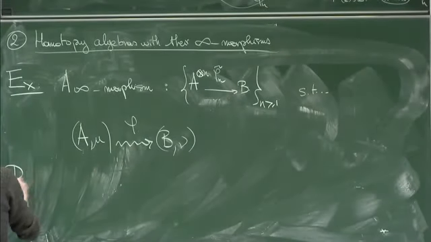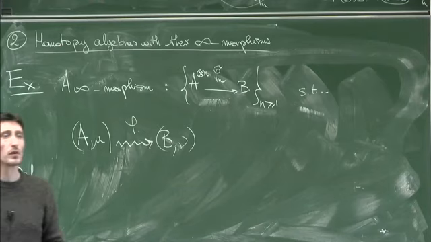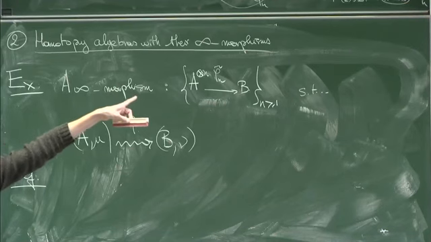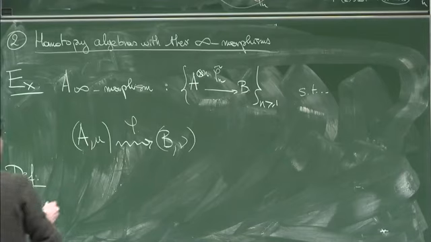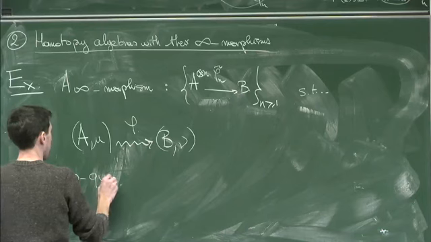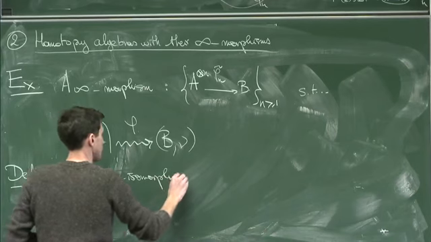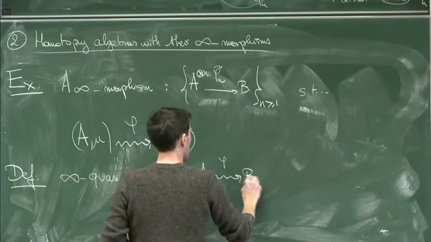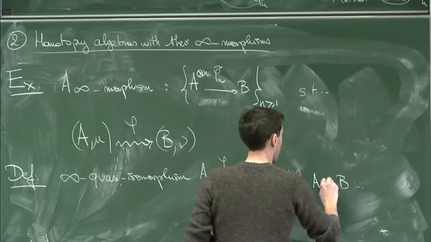I said that for a good reason: I need two definitions. For classical algebras, we have the notion of quasi-isomorphism of algebras. What is an infinity quasi-isomorphism? If that first map, which is a chain map, is a quasi-isomorphism, then we call that an infinity quasi-isomorphism. So an infinity quasi-isomorphism is an infinity morphism from A to B such that the first map, F1, is a quasi-isom.